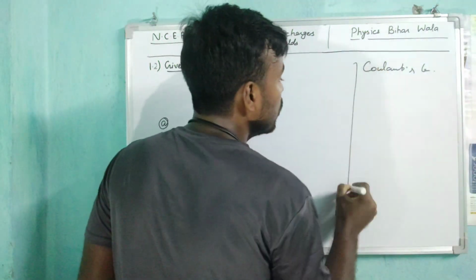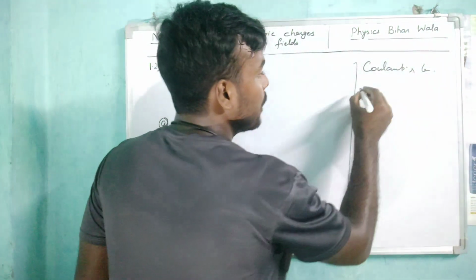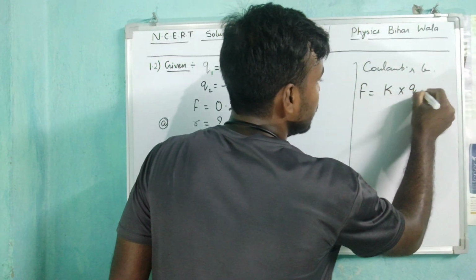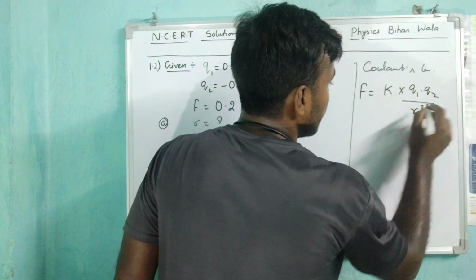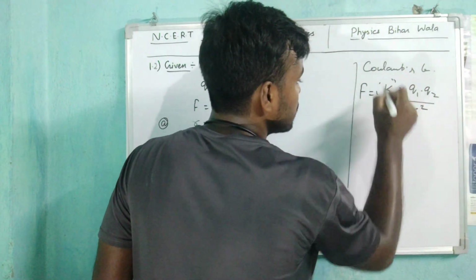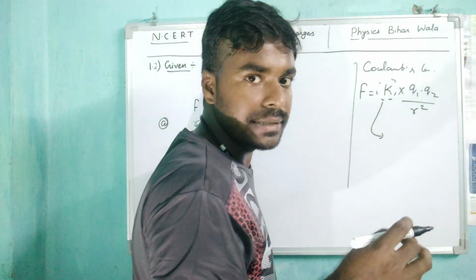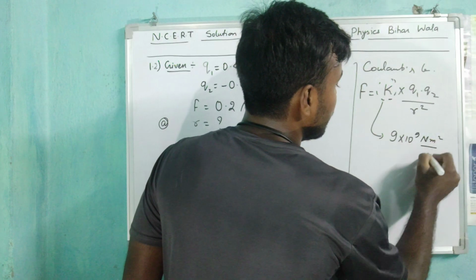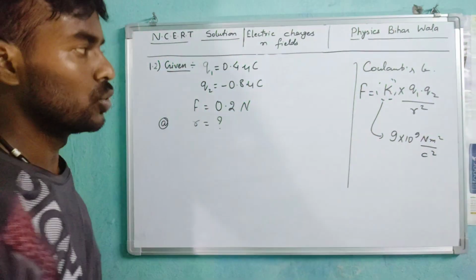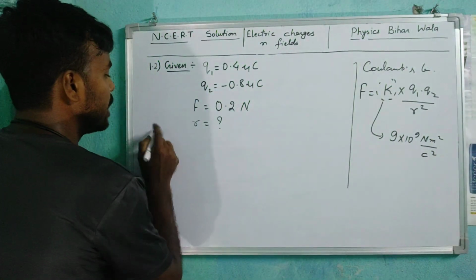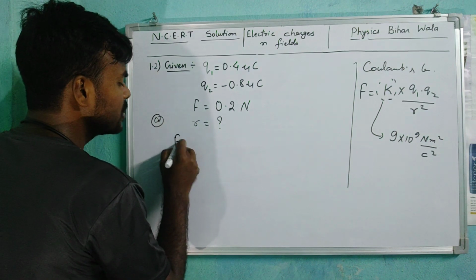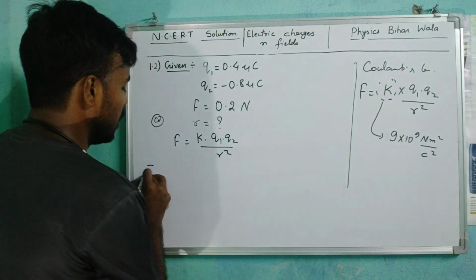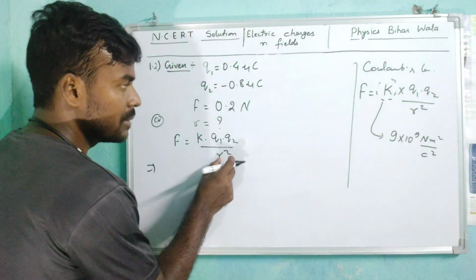We know by the help of Coulomb's law, whenever there are two charges, the force between them is k into Q1 into Q2 by R square. This k is called the proportionality constant and the value of this constant k is 9 into 10 to the power 9 Newton meter square per coulomb square, if you remember. So we will use that very equation number A. Force is equal to K Q1 into Q2 by R square. We have to find this separation between them.